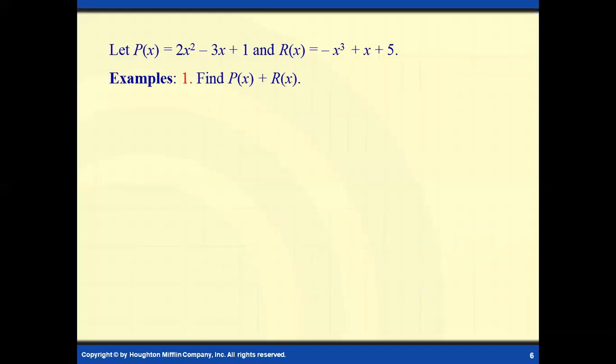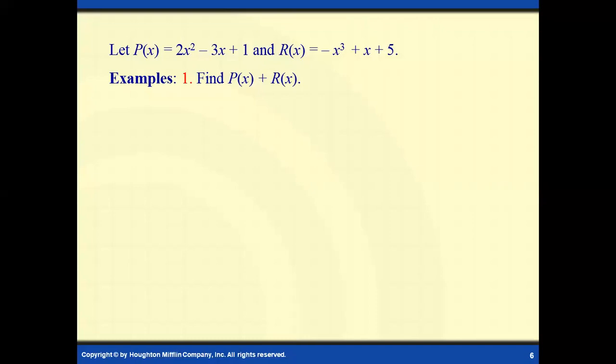Now, I want us to try this. We've been given P of x and R of x here. So we are going to do a lot of things with this one. The P of x, that's a polynomial, is given as 2x squared minus 3x plus 1. And we have an R of x given as x cubed plus x plus 5.